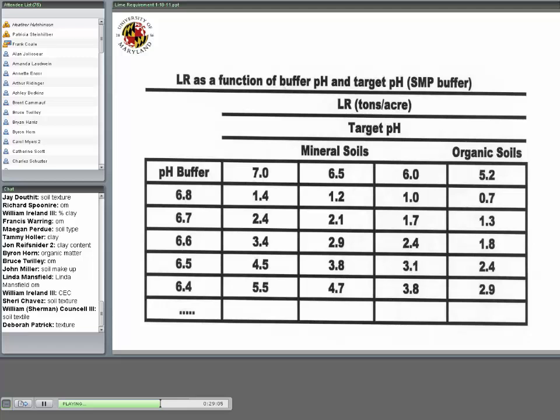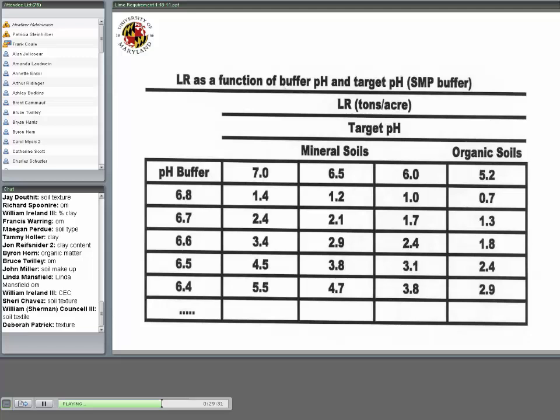Okay, you'd need about almost 4 tons of lime per acre, 3.8 tons of lime per acre, to raise that soil to a pH of 6.5. Okay, so now this is a lookup table. There are also equations that one would use if they were doing this in a computerized soil test lab that would give you similar information by plugging in the right equation.